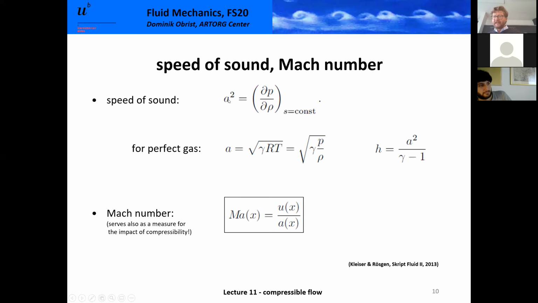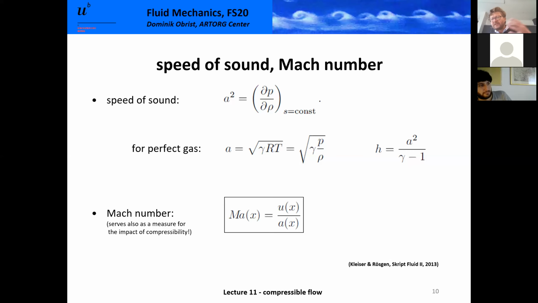So A is typically used as a variable for the speed of sound, or the wave speed of sound waves. So A squared is equal to the partial derivative of pressure with respect to density in an isentropic process, dP d rho, as long as S is constant.